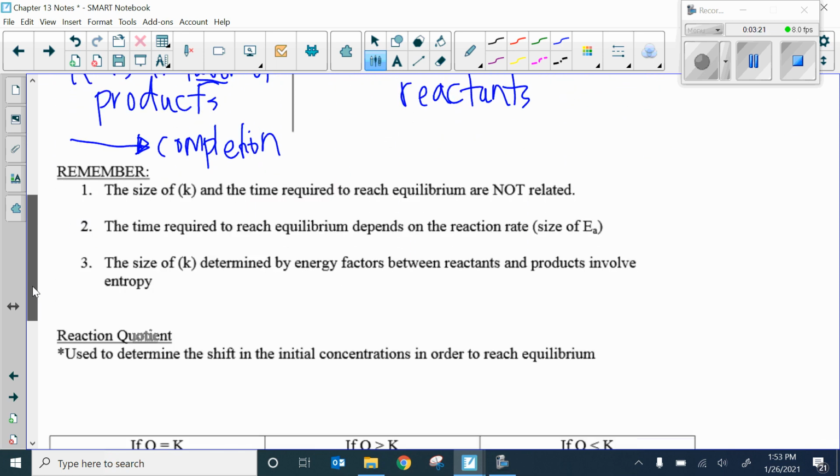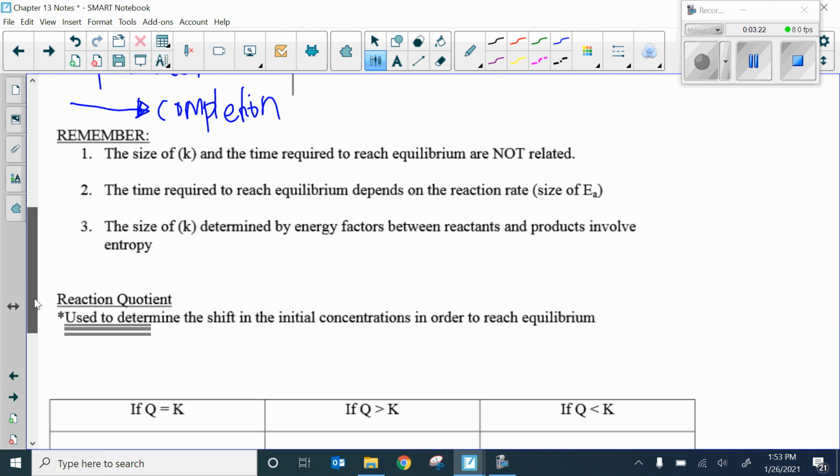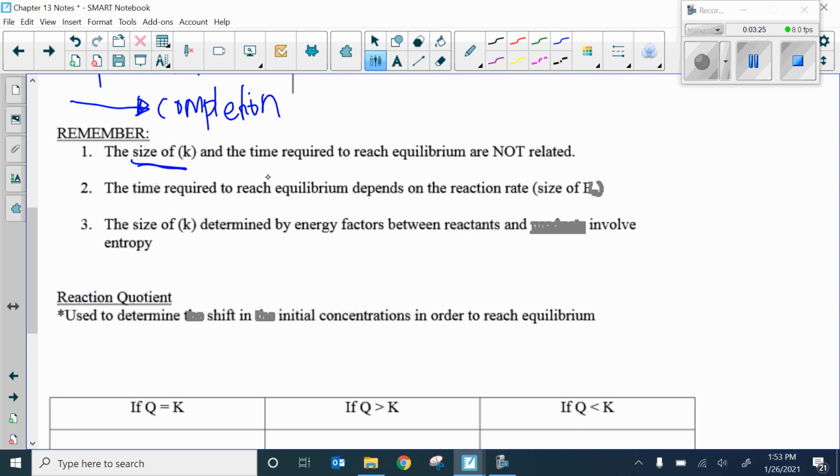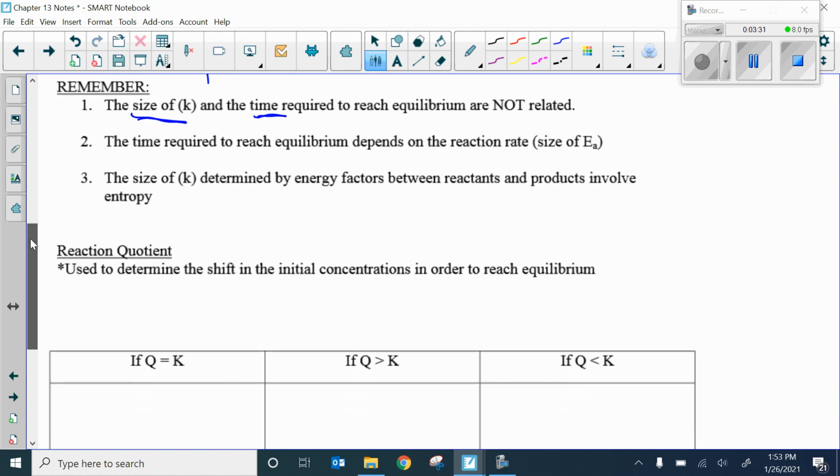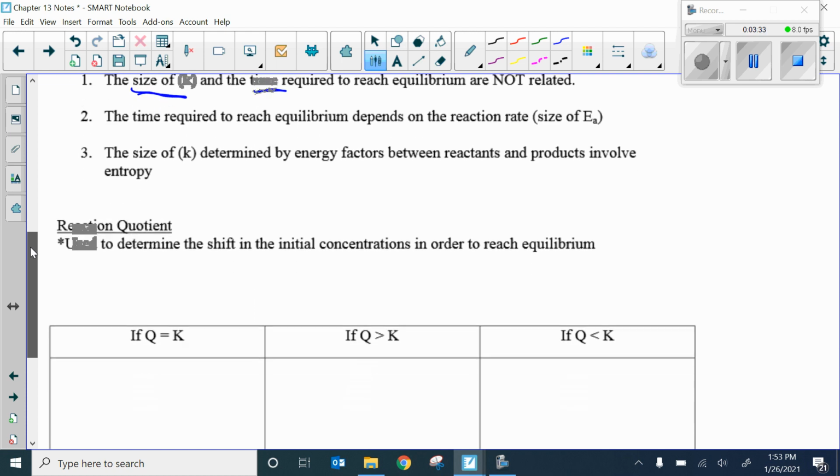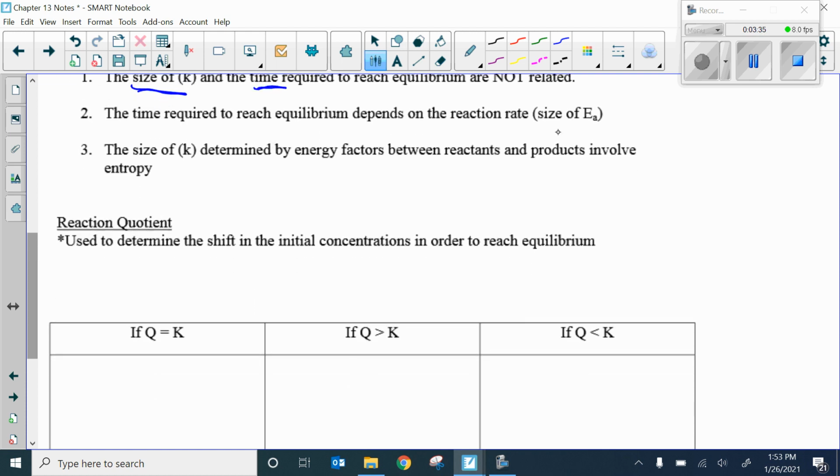So the size of K and the time required are not related. We cannot relate equilibrium and speed or kinetics at the same time. We know that one thing the time required to reach equilibrium does depend upon is the activation energy that we talked about in chapter 12.